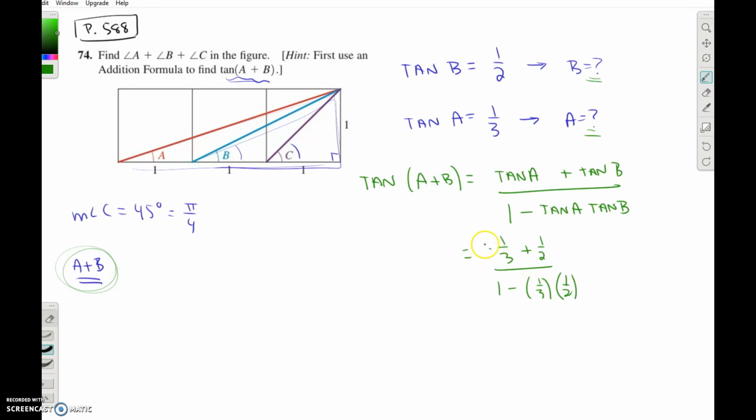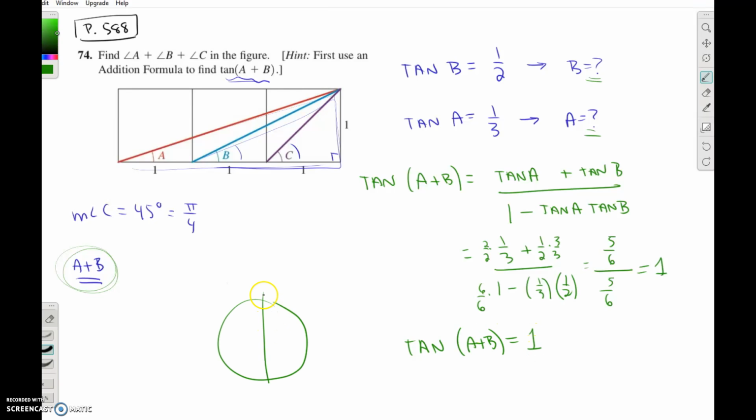Let's clean this up. Multiply by 6 over 6. On the top I have 2 plus 3, which is 5, over 6. On the bottom I have 6 minus 1, which is 5, over 6. So the tangent of A plus B is equal to 1.